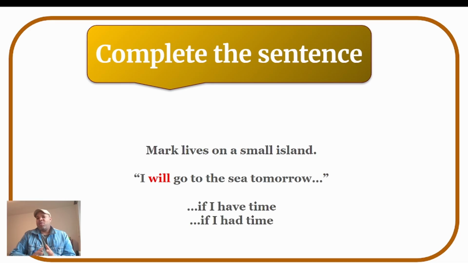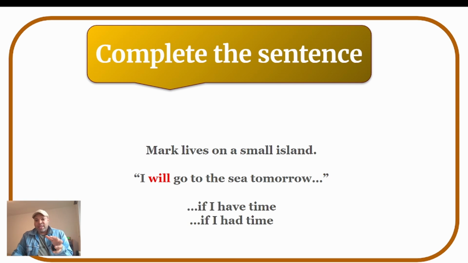Okay, so now we can build our full conditional sentence. Here we have a situation. Mark lives on a small island, and he says, I will go to the sea tomorrow. How do we complete this sentence? Do we say, if I have time, or if I had time?